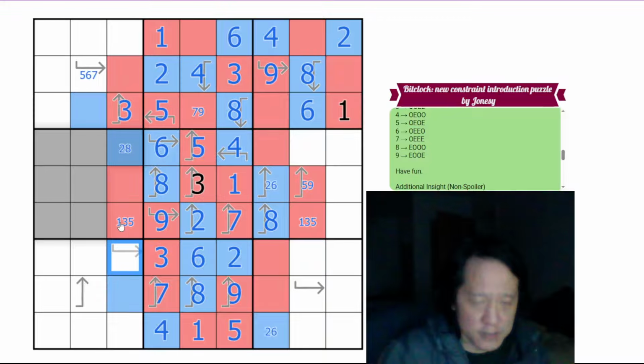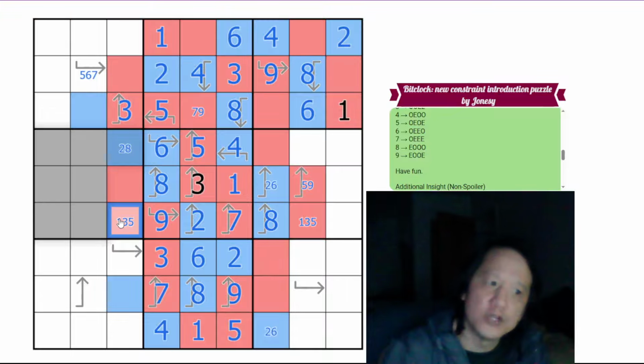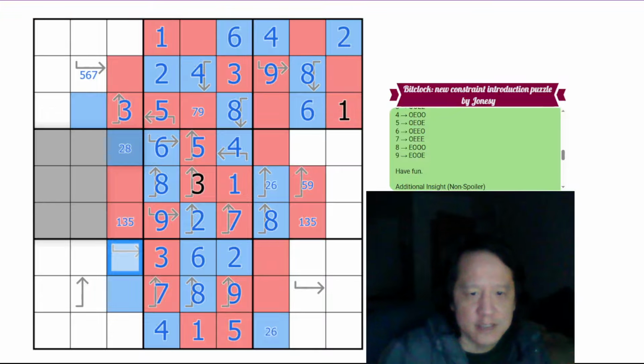This has an odd digit in the 1's bit, so that's off, which means that's even. Cannot be 2 or 6. It's 4, 8, but it doesn't have the 8-bit turned on, so it must be 4. So this is 4, which means this is turned on, this is off.